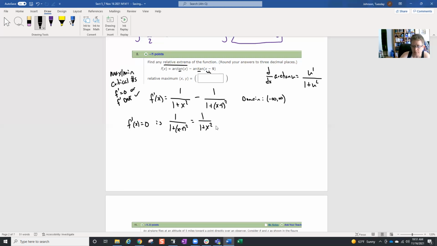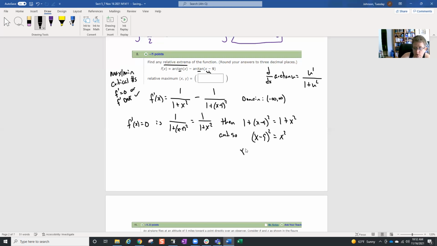But if the reciprocals are equal, then the denominators must be equal. But hey, let's subtract 1 from both sides. And we've reduced our derivative being 0 to where x minus 9 squared equals x squared.